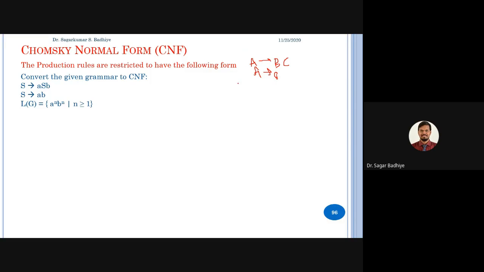If these kinds of rules are there, then we say that the grammar is in CNF, right?